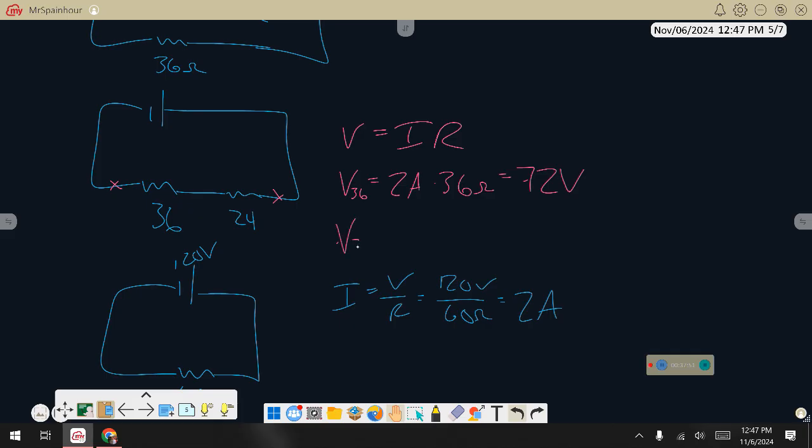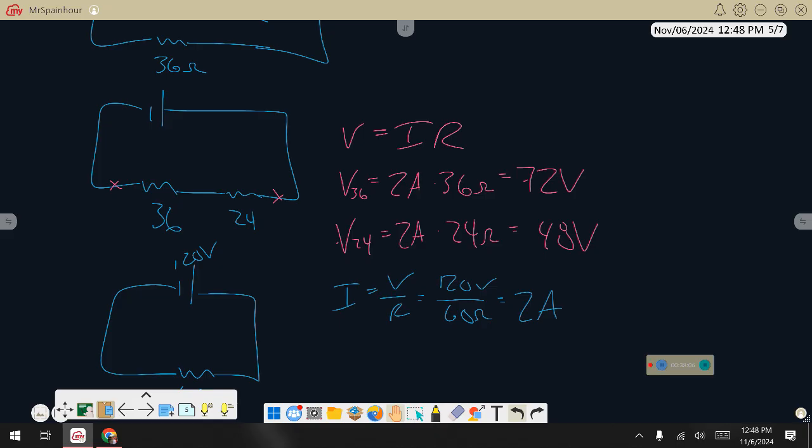And the voltage in the 24 is equal to 2 amps times 24 ohms, aka 48, and you can check to see whether or not you're right, because 72 plus 48 is 120.